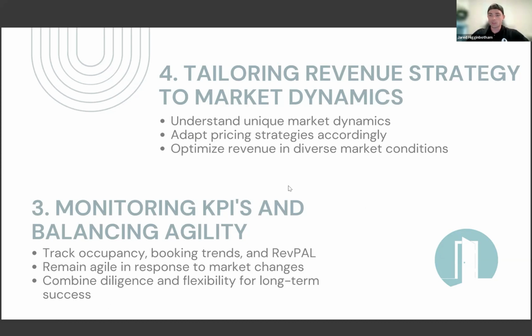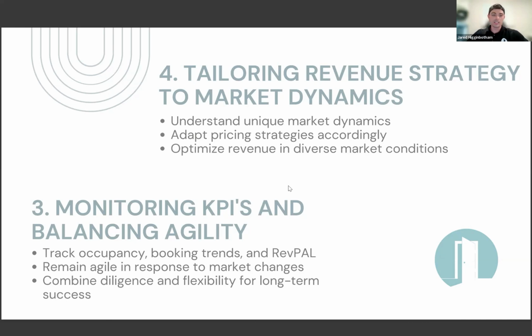I'm sure everyone has felt the changes that happened when Airbnb released their summer release, right? They shook things up quite a bit. And if you are agile because you are doing this every single day, maybe that wouldn't have been such a stressful event. But if you don't touch pricing and you don't touch your revenue strategy very often, then you probably are going to have some hard times.